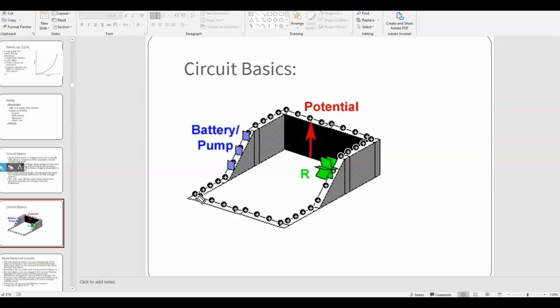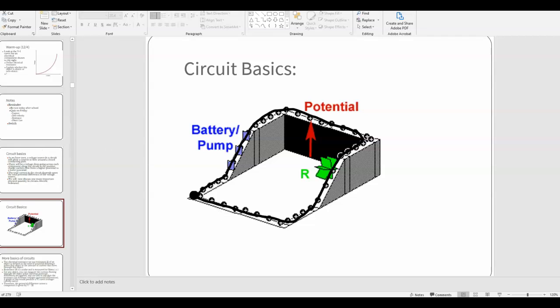So for example, if I start right here and go up this many volts, by the time I get back down to where I started, I had to go back down by the same number of volts.